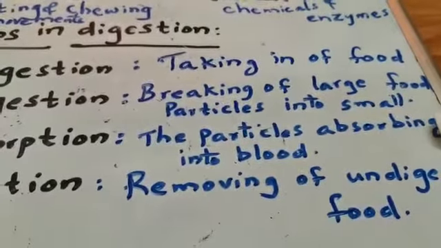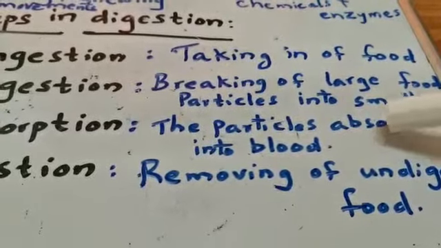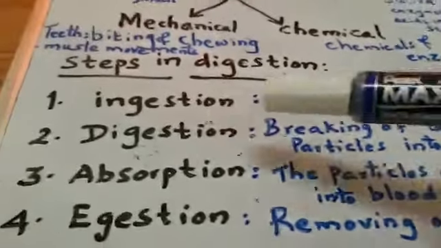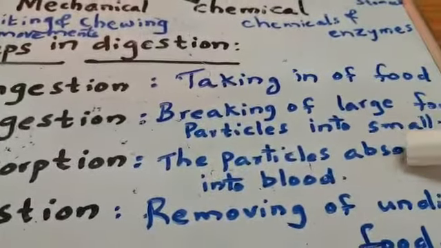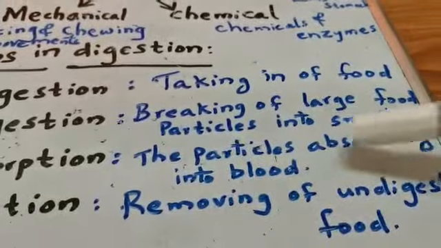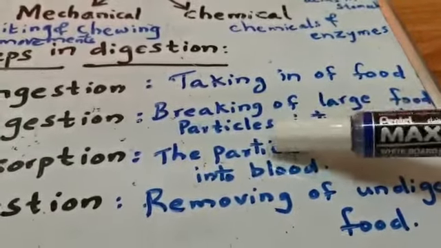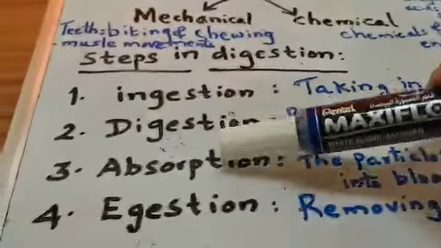Then only it can be used, then only we can get the energy, then only we can keep healthy. Absorbing the nutrients into the blood, that's called absorption. The vitamins and minerals are absorbed into the blood.